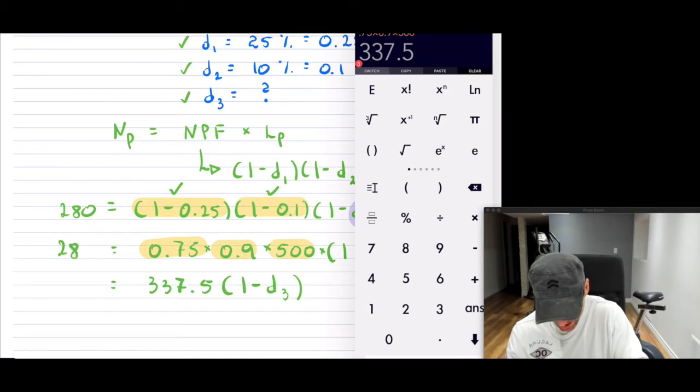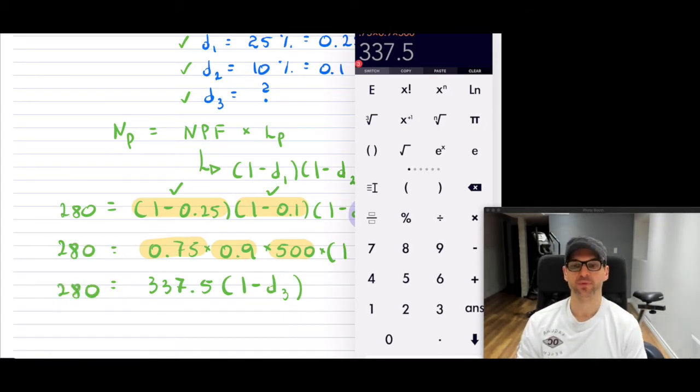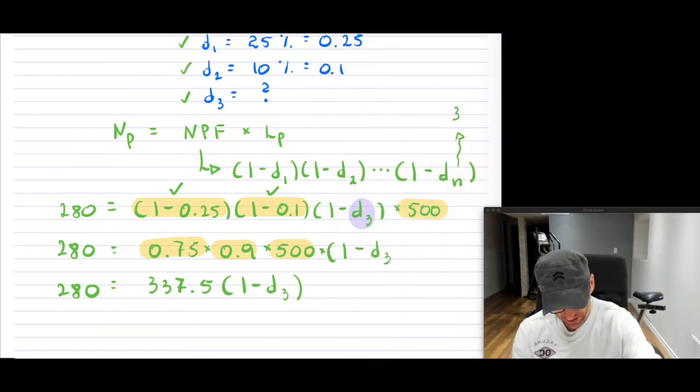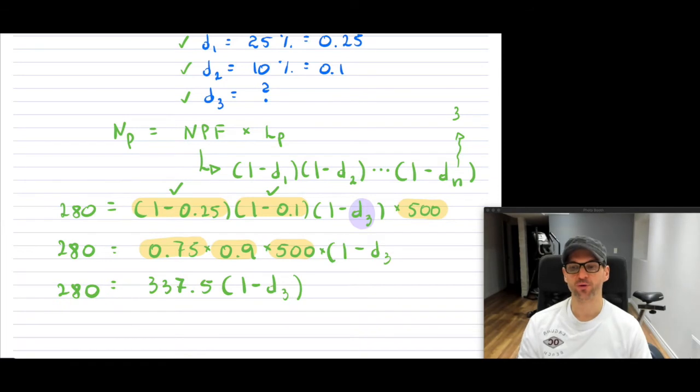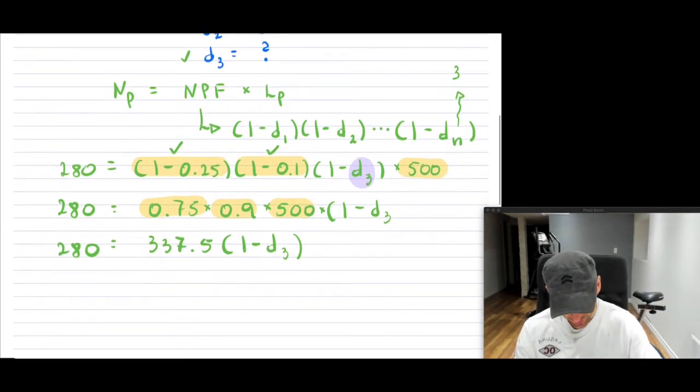My 280 still stays on the left-hand side. Now we have a choice because we can do one of two things. We can divide both sides by 337.5 to get rid of that factor in front, or we can bring it inside of the brackets just to get rid of brackets. I'll do that.